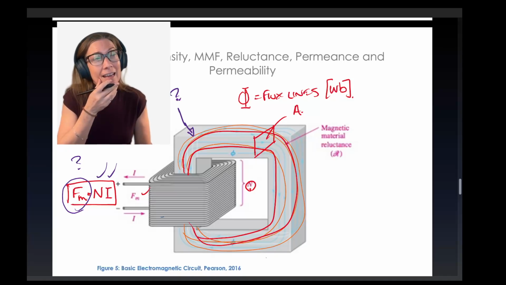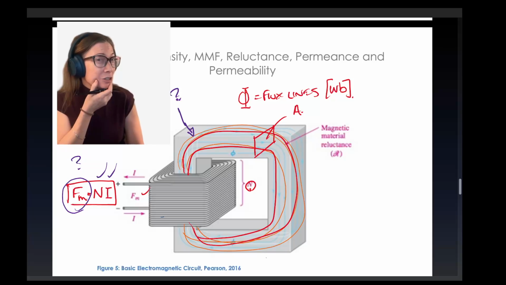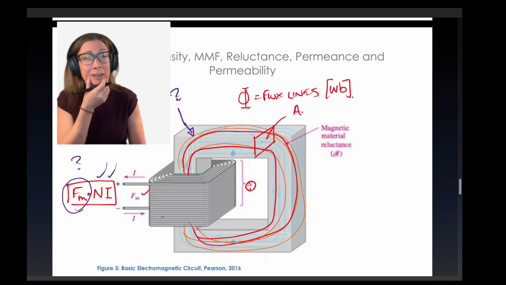I would say that it has a little bit of a resistance to flux lines being created. I could say it has a little bit of reluctance. The English word reluctance means it doesn't want to create any.